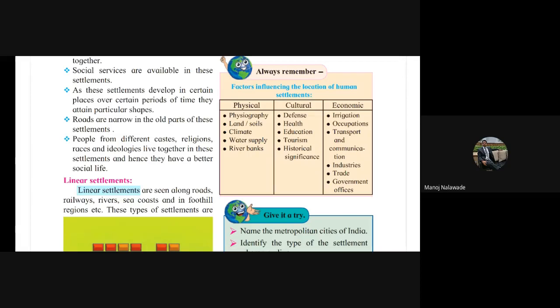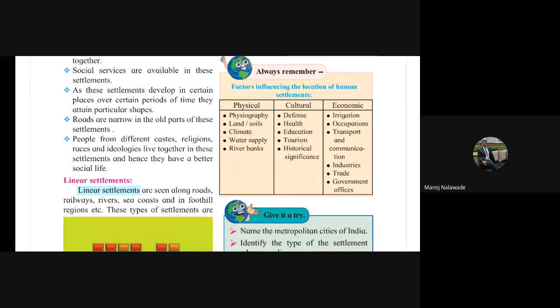How is the landform over there? What is the type of soil? What is the climate at that place? Is there water supply or not? And are there river banks? So basically these are the physical conditions on the basis of which people take the decision whether to settle over there or not.